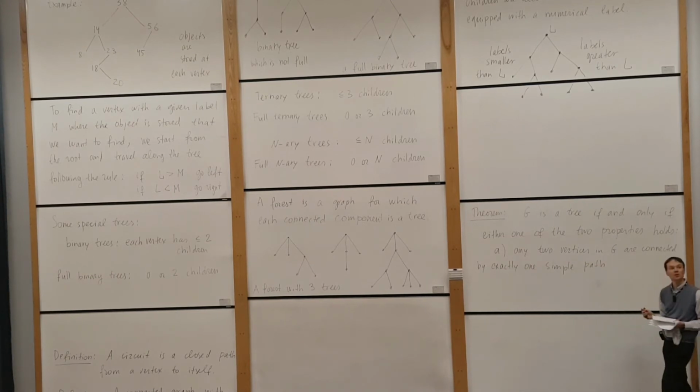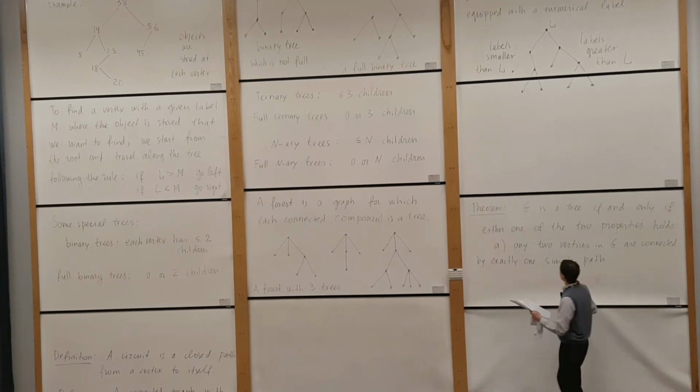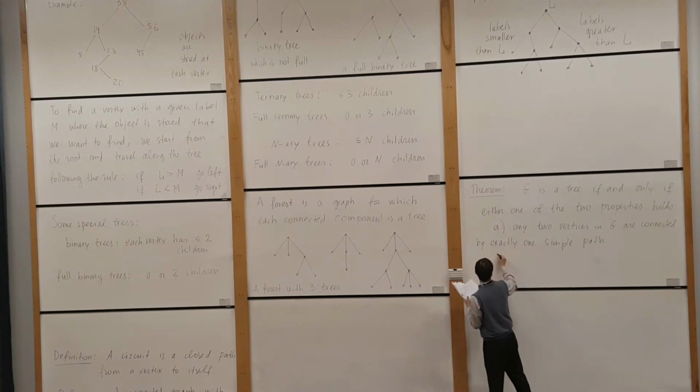This is the key property for the usage in data structures. There's always a simple path to reach the stored information.